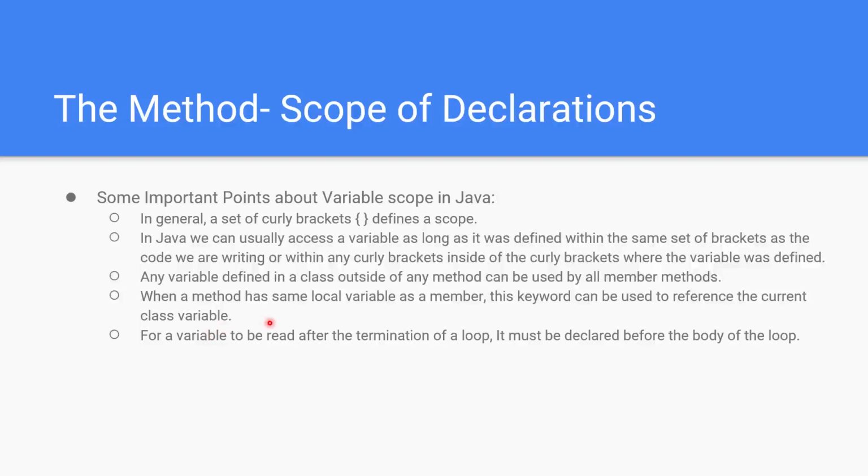When a method has the same local variables as a member variable, there is a special keyword. This keyword can be used to reference the current class variable. We'll actually see an example of this keyword, and it means the same thing as it does in C++.